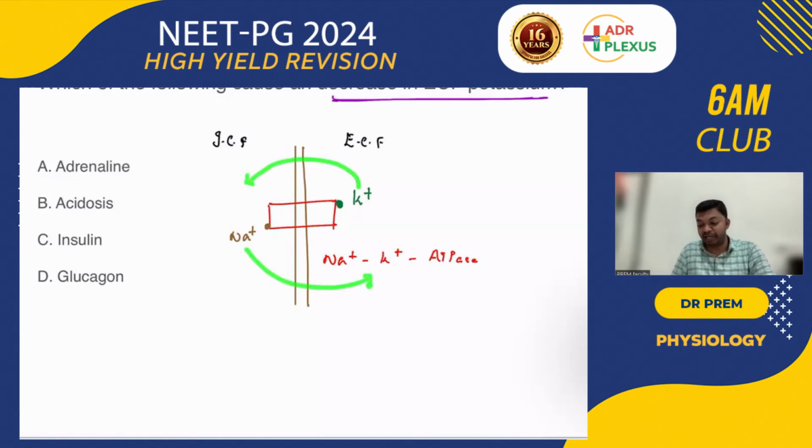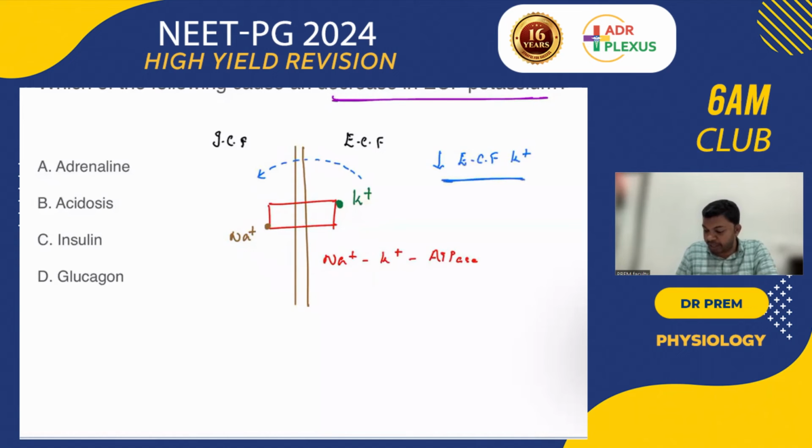This is sodium potassium ATPase, isn't it? Every time this pump is activated, more potassium goes into the cell, and this leads to a decrease in extracellular fluid potassium. So this is mediated by any factors that activate sodium potassium ATPase.